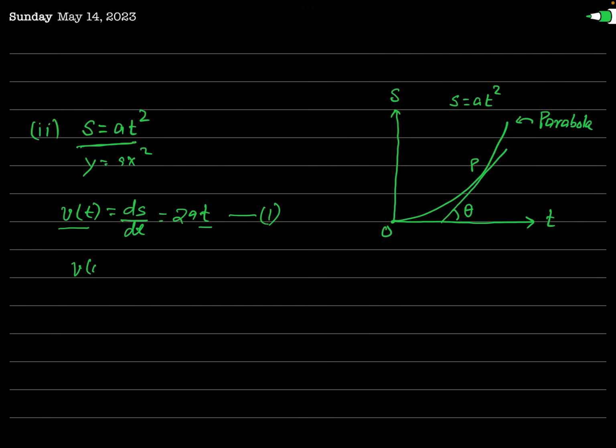If you find the speed at 0 time, this will simply be 2a into 0, which is 0. If we find it at 1 second, this will be 2a. If you find it at 2 seconds, this will be 4a. So you can see that at different times the speed is different, and we can find it because we are given the functional relation between s and t.